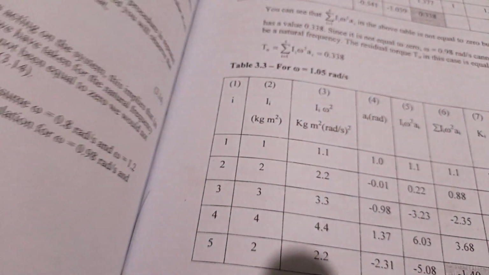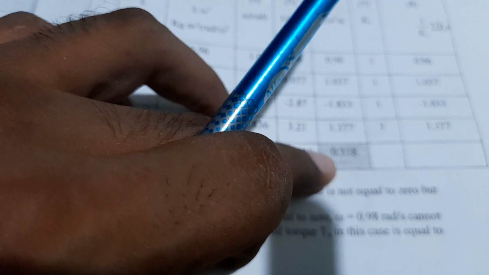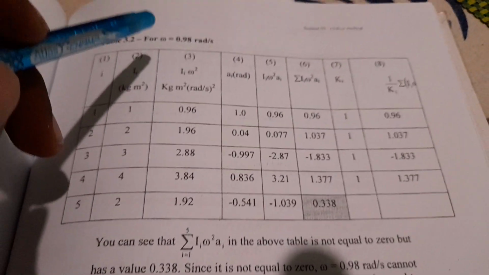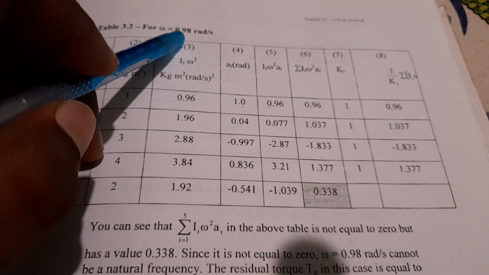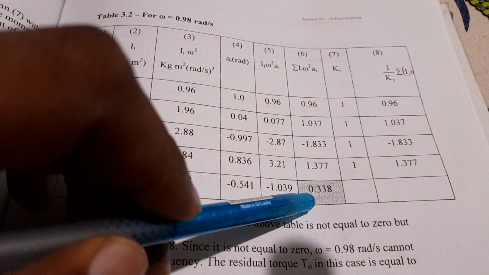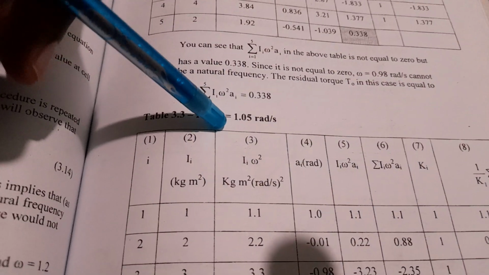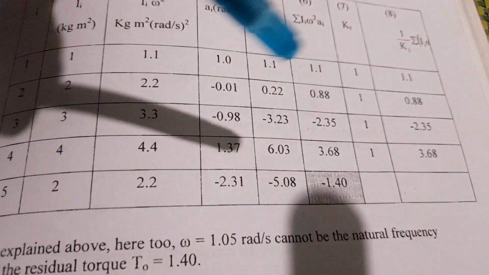Now just consider, if you have considered omega as 0.98, which is lesser than the natural frequency, then you are getting a positive value here. And consider here you have taken something a little bit more than the natural frequency, then you are getting a negative balance, right? So that is the scenario.